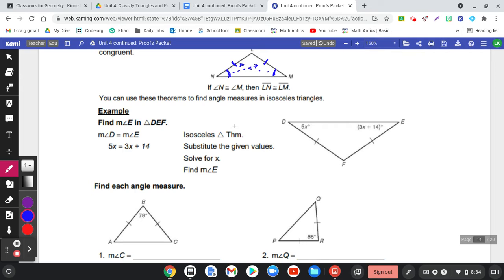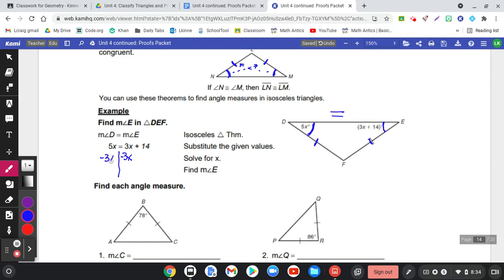So it says to find the measure of angle E. Well, if you notice, this side's congruent to this side, so the angles opposite them are congruent. So angle D is congruent to angle E. So we can say 5x equals 3x plus 14 right over here. Solve it.